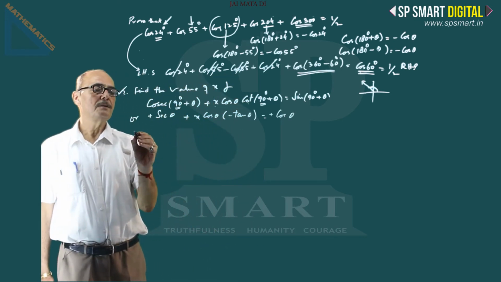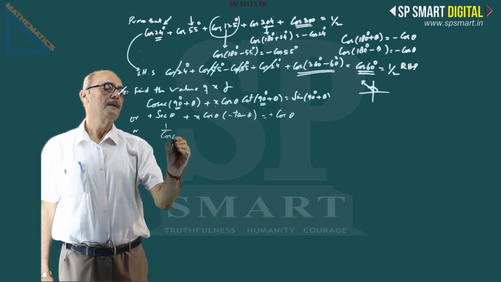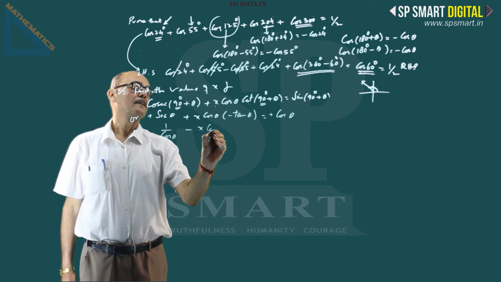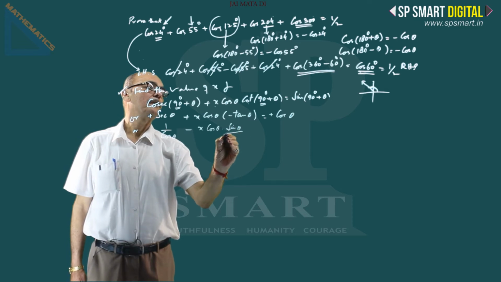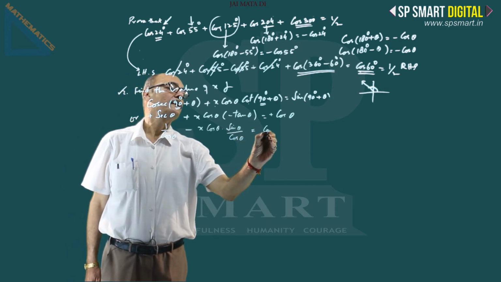Or I can write this as 1 by cos theta minus x cos of theta sin theta upon cos theta equal to cos of theta.